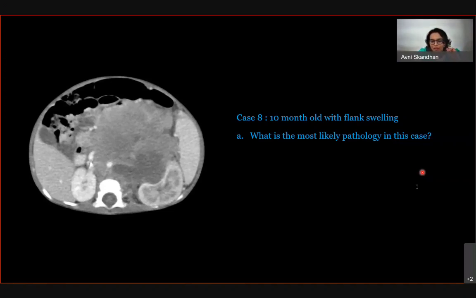Claw sign is actually in Wilms tumor, so you cannot use it as a point for neuroblastoma. I'm saying this is neuroblastoma. What does the claw sign tell you?